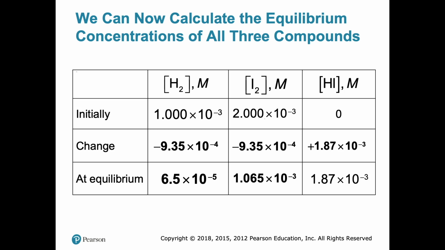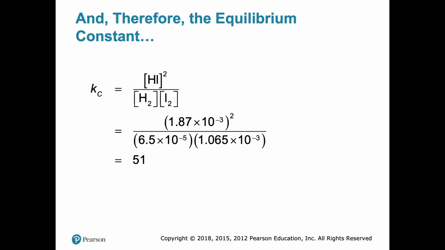And then we already knew this from the question, which is 1.87 times 10 to the negative 3 for the equilibrium concentration of hydrogen iodide. Which is great. The rest of it is easy because the rest of it is plug and chug. If you recall from the last lecture, the equilibrium constant is always what?